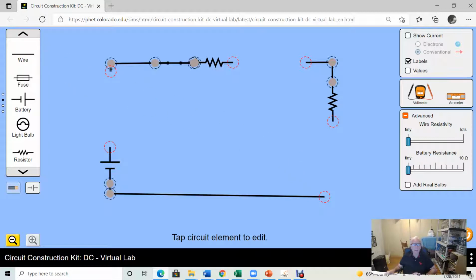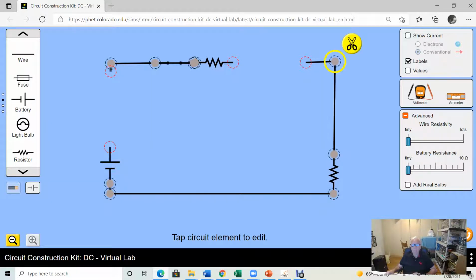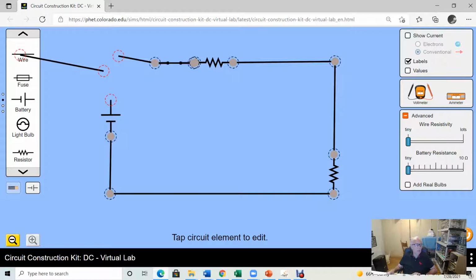Now put it here. Too many wires. Let's see if I can extend it. Yes, I can. I want to extend this one as well. That's the circuit we have. I want to cut this one, too many wires.